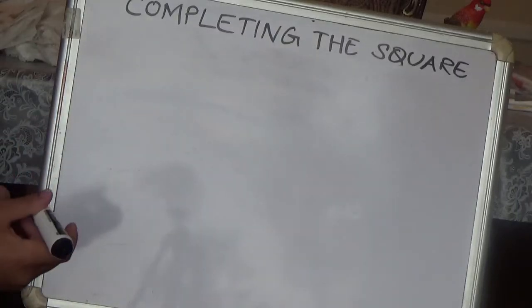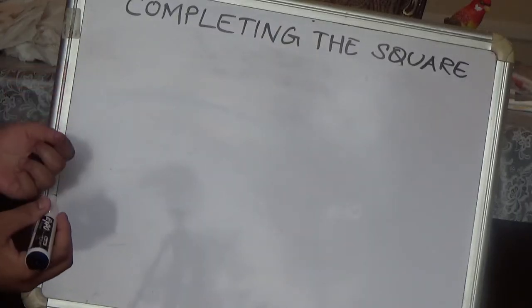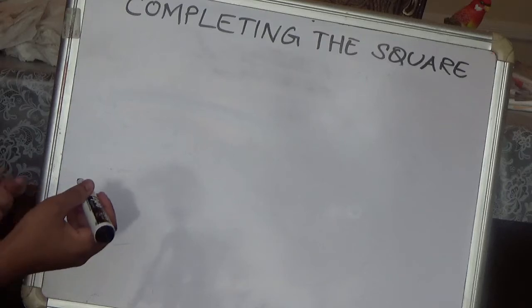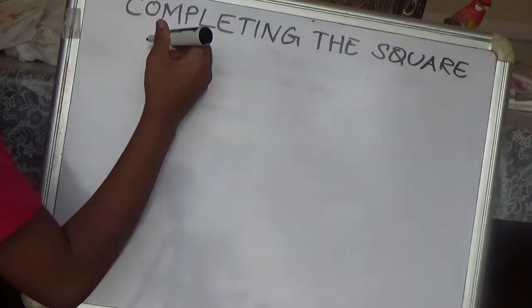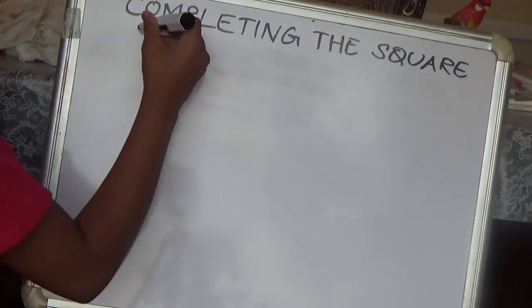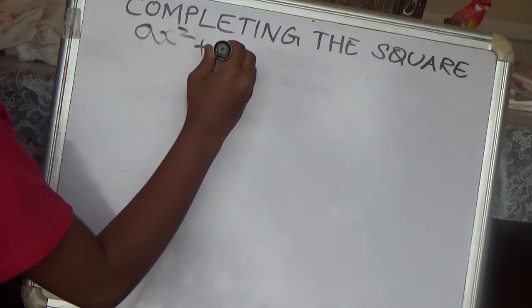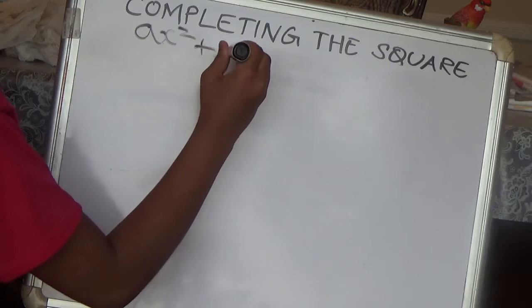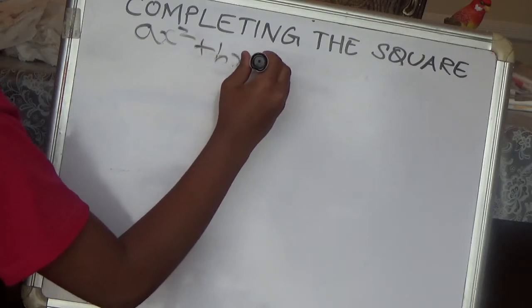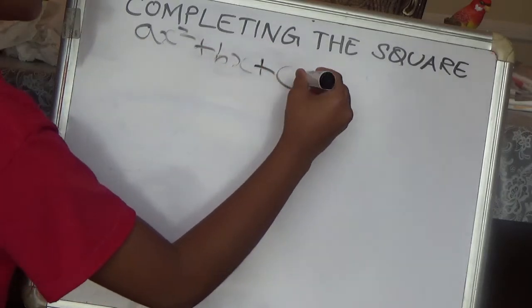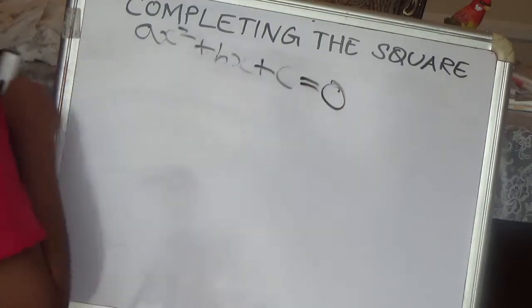The starting equation to help you find x for all quadratics is the general form of a quadratic, which is ax squared plus bx plus c equals 0.